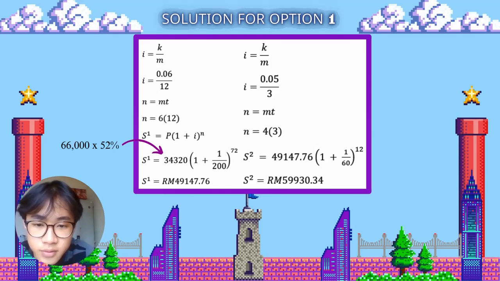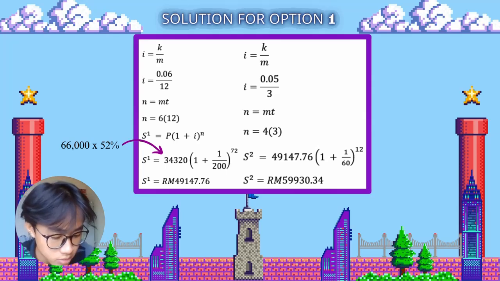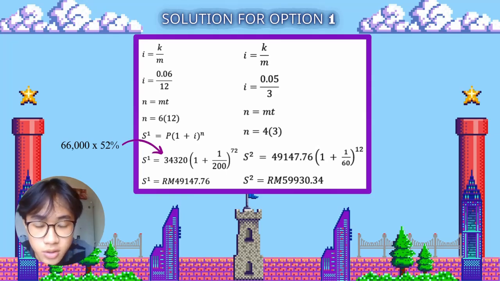Then we need to find the value of the principal, which is 66,000 multiplied by 52%. For the first 6 years, we'll get 49,147 ringgit and 76 cent. Then we use the same method for the next 4 years, and we'll get the total amount of option 1, which is 59,930 ringgit and 34 cent.